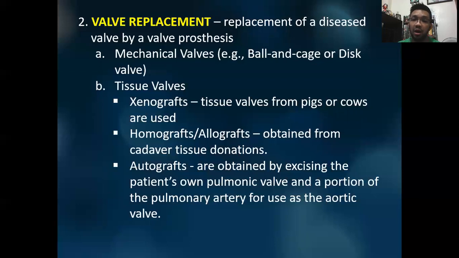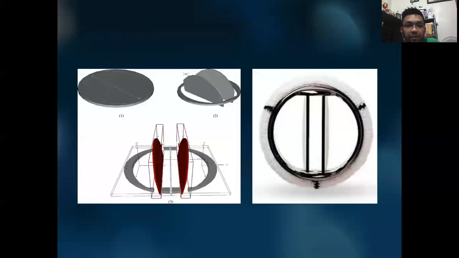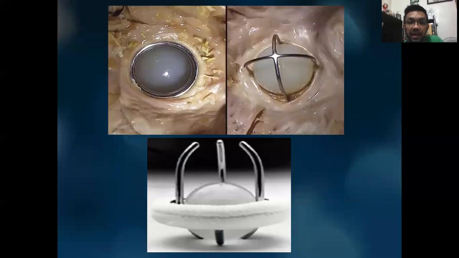Autografts, they are obtained by excising the patient's own pulmonic valve in a portion of the pulmonary artery for use as the aortic valve. So it's coming from the patient himself or herself. That is the autograft. So here, this is an example of a prosthetic valve. This is the ball and cage type of valve.